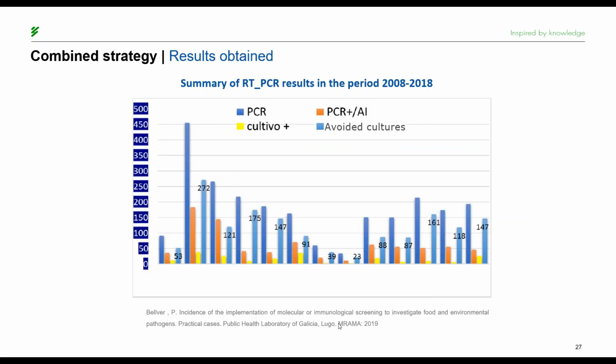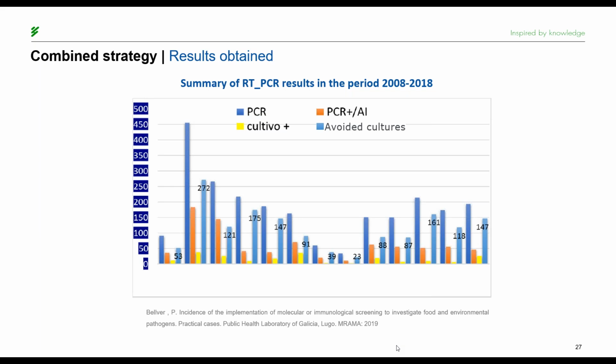So in a laboratory with samples and real cases, what would this implanted technique look like? We can see clearly in this graph, we have on one side dark blue for the PCRs carried out, orange for the positive PCRs, and in yellow, the positive cultures that were made only from the positive PCRs in orange.